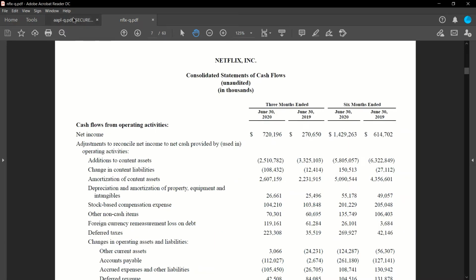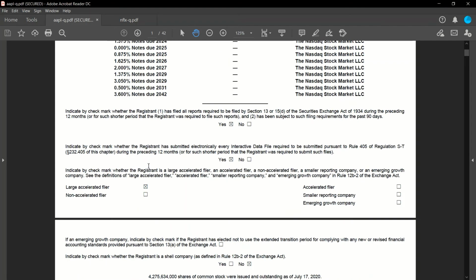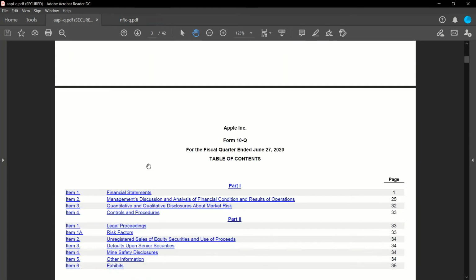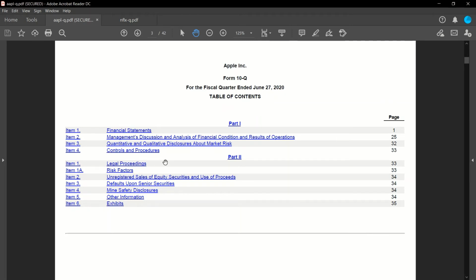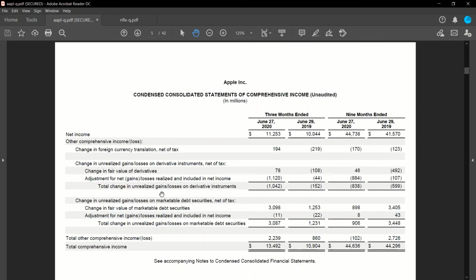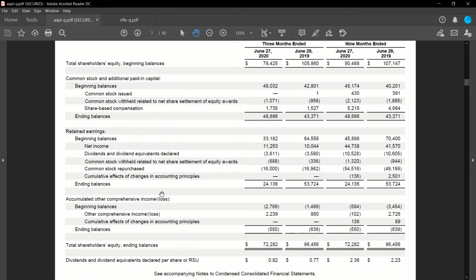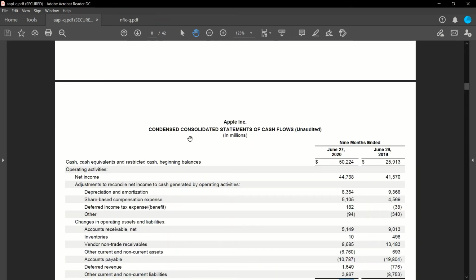So I also want to look at Apple over here. I pulled their latest 10Q, and we can scroll through it and find the information we're looking for. So just scroll through the financial statements, income statement, balance sheet, shareholders' equity, and here we go, consolidated statement of cash flows. One thing I noted, Apple's is 9 months ended, so that's not for a quarter.